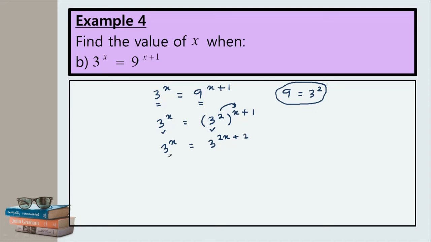So base 3 and base 3, compare power, so x equal to 2x plus 2. Simplify. We have x minus 2x equal to 2, negative x equal to 2. That means our x equal to negative 2.